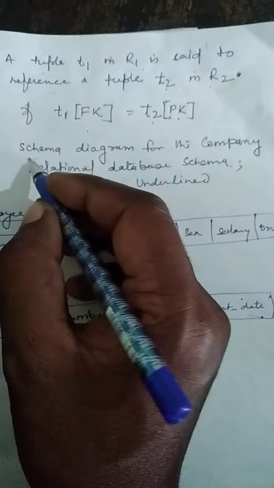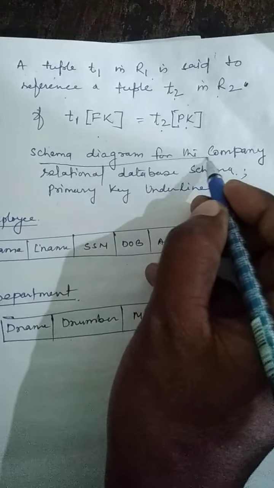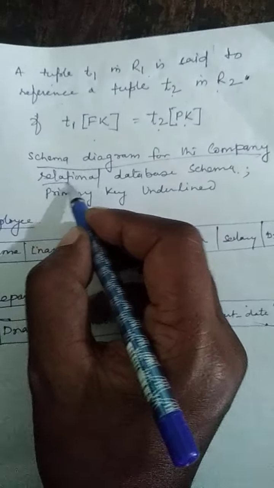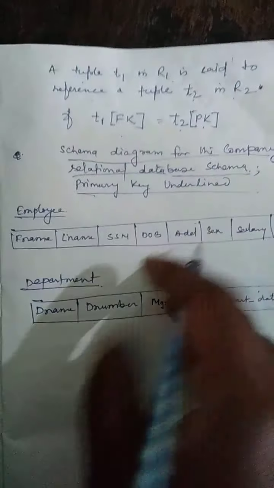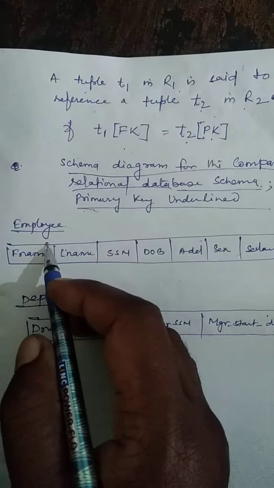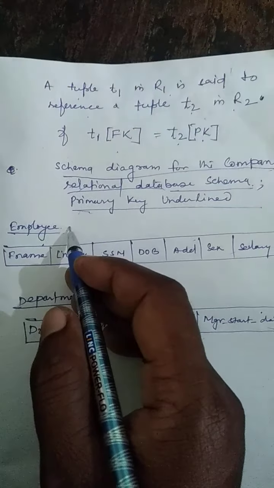Schema diagram for the company relational database schema. The primary key is underlined.